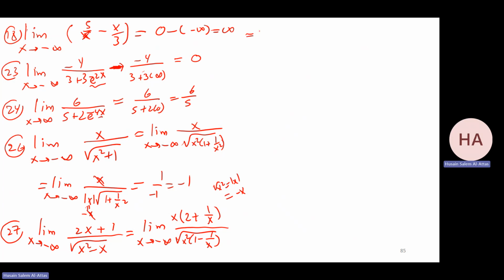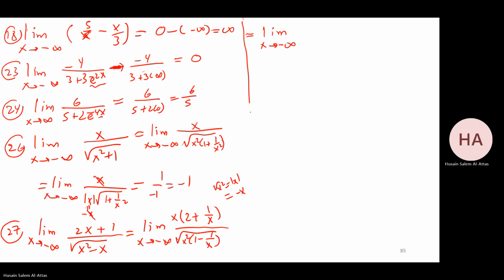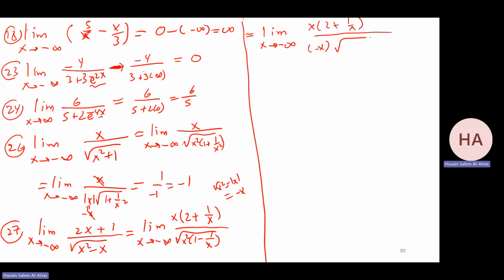So that limit as x goes to minus infinity will be x times 2 plus 1 over x, over minus x times square root of 1 minus 1 over x. Cancelled. Substitute. It will be 2 plus 0 over minus 1, which is minus 2.